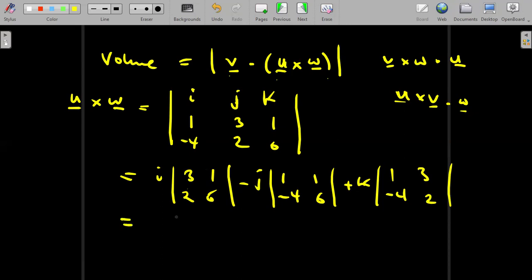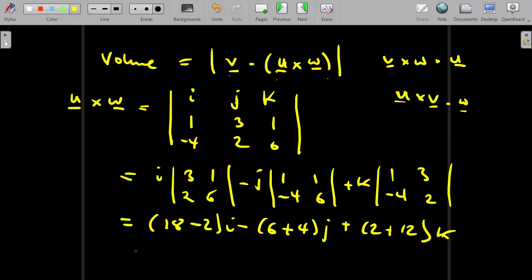Then here I'll evaluate. So I have to find the determinant of this one. So that is just going to be 18 minus 2i. Then I have negative 6 plus 4 plus 4j. Then plus 2 plus 14k. So here this is just going to give me 16i minus 10j, then plus 14k.